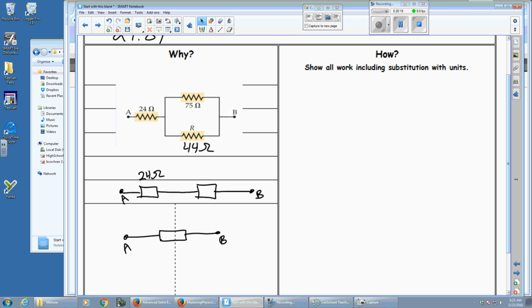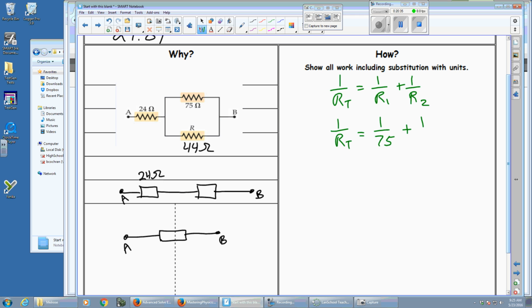So for the first part, to combine those two resistors that are in parallel, I'm going to use 1 over R total equals 1 over R1 plus 1 over R2, or 1 over R total equals 1 over 75 plus 1 over 44, and therefore my R total in that case, that'd be good if I had my calculator out.